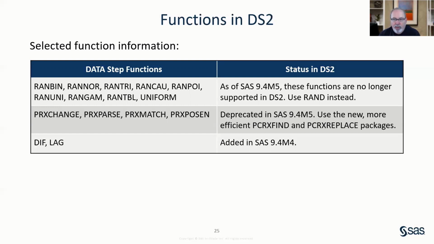They provide all the functionality you'll need for finding, matching, and doing replacements of patterns of text. But they work almost 10 times as fast as the original functions did. So use the PCRX find and PCRX replace packages instead.